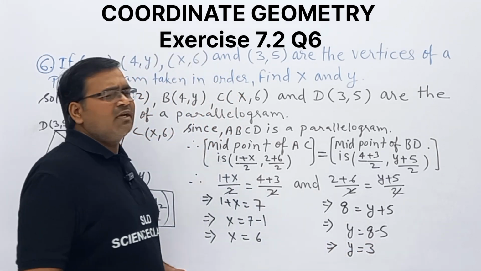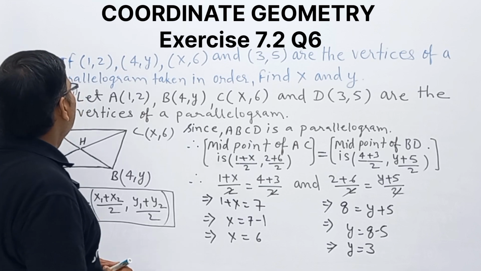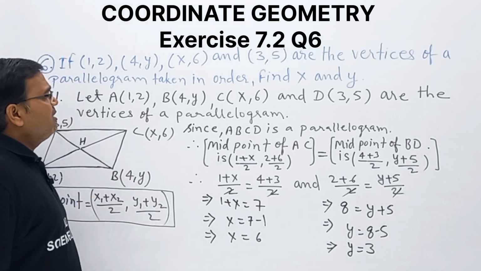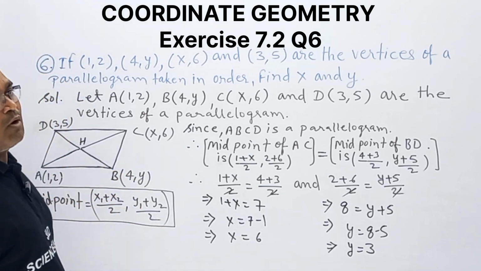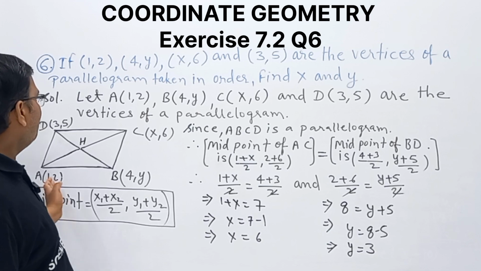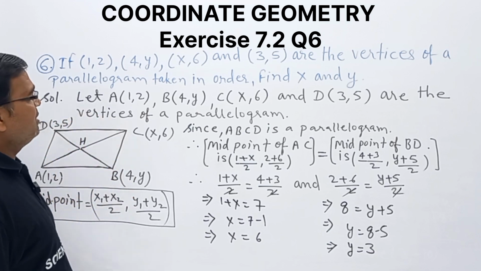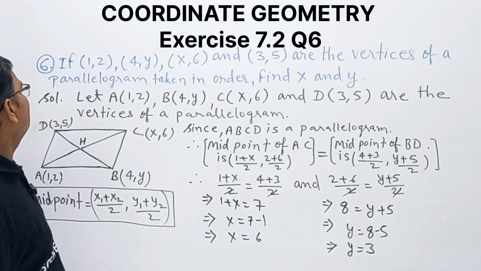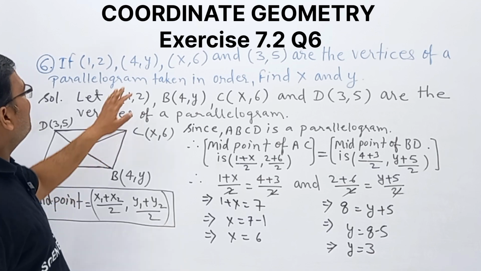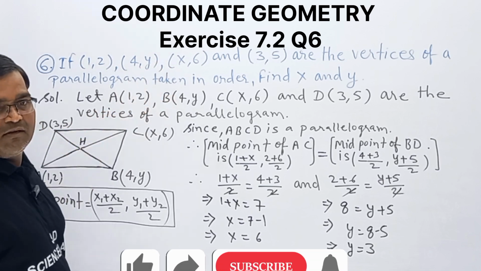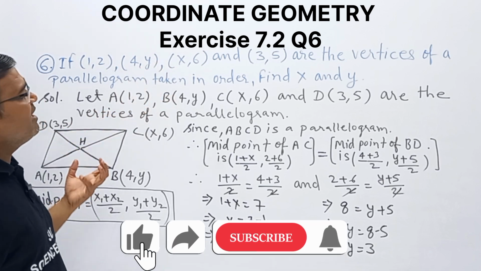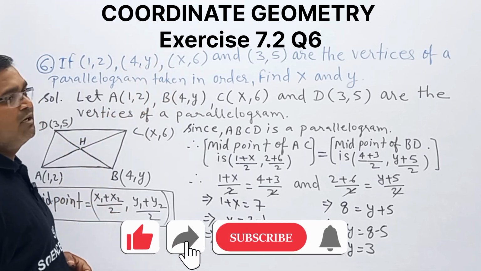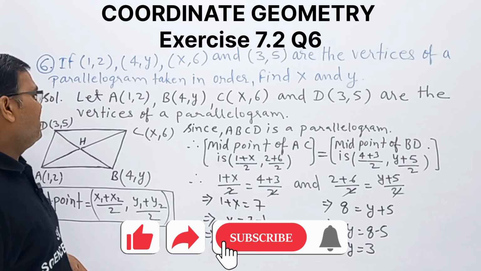That is the required answer. Observe again what we did in this question. We have 4 vertices of a parallelogram. Clear? Coordinates of these points are given, but they contain the variables x and y, and we want to find the values of x and y.